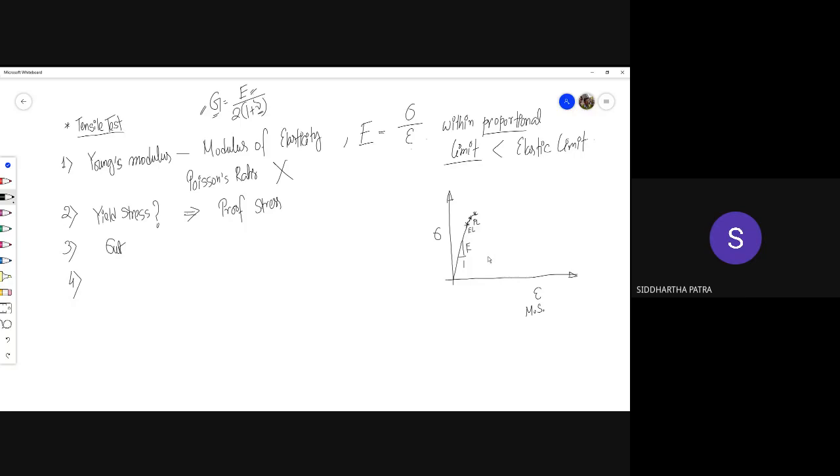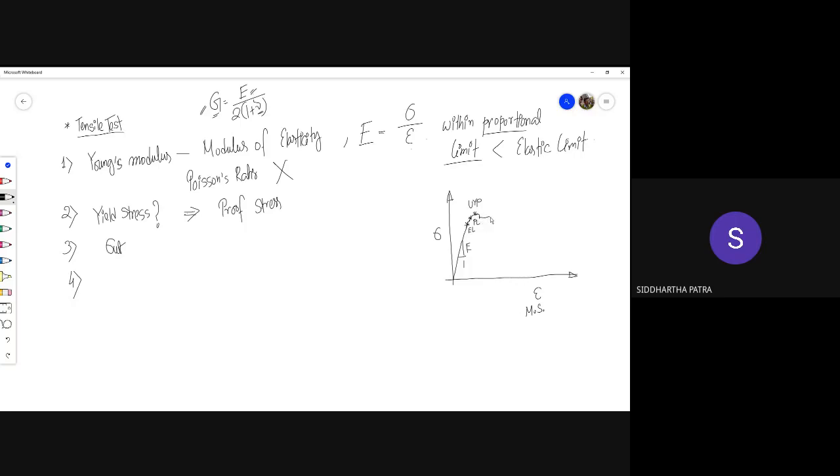So there comes an upper yield point, and once you go past that, there is a small dip in the stress value. You are simply trying to extend the strain, and for a moment the stress kind of becomes stationary. The strain changes but the stress doesn't change.